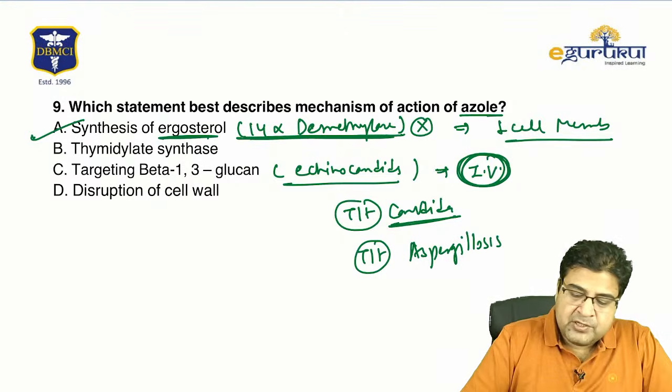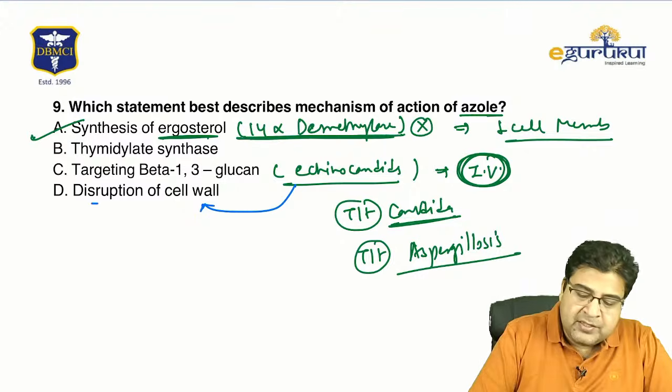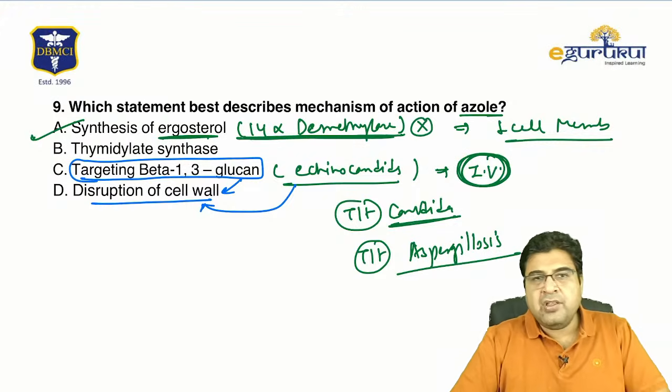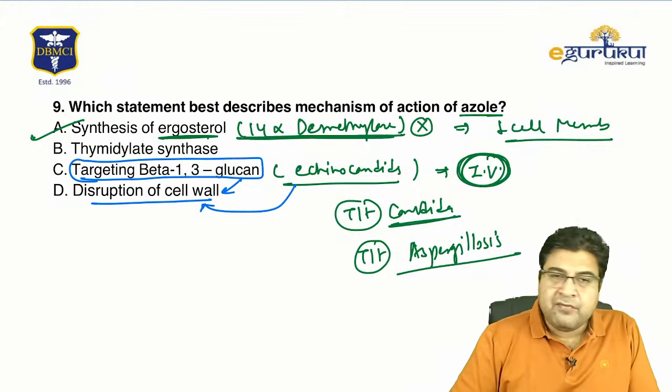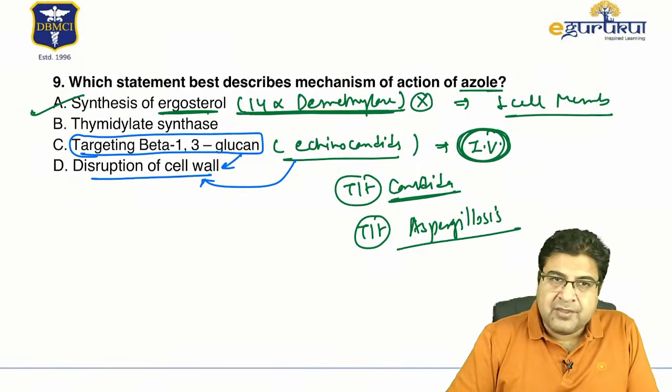Among antifungals, this is the only group of medicines which can inhibit the cell wall. By inhibiting beta-1,3-glucan, they can inhibit the fungal cell wall. There is no other medicine which can inhibit the fungal cell wall. So question 9, answer is A.